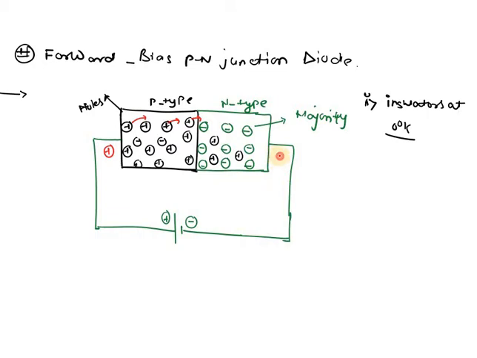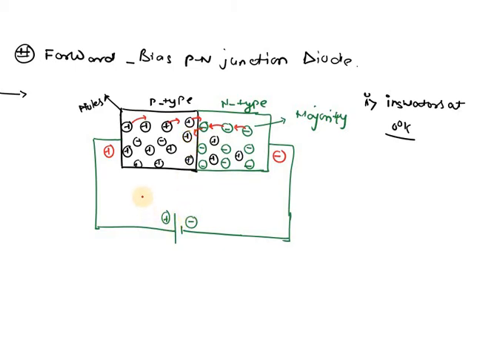This is the negative terminal, and here the majority charge carriers are electrons, so they will repel each other, due to which the electrons will move toward the junction. I hope you understood. From here holes are entering into the n-type semiconductor and from here electrons are entering into the p-type semiconductor.